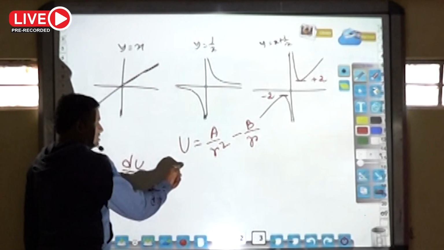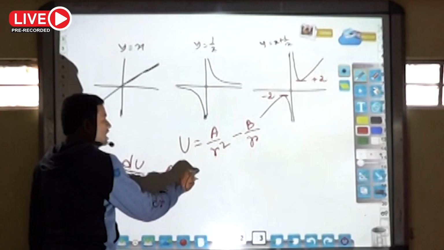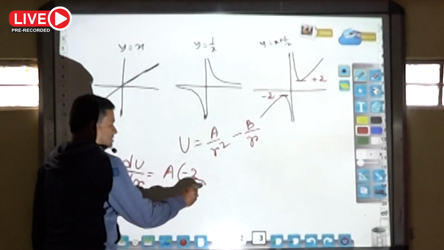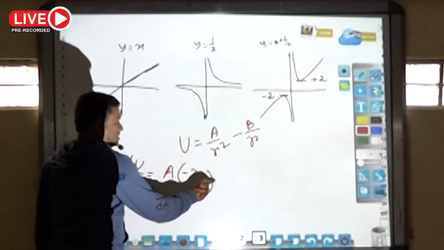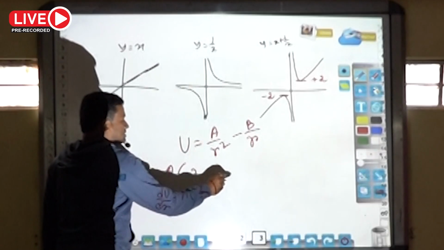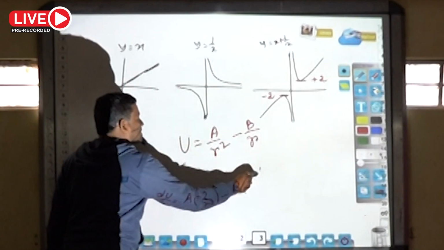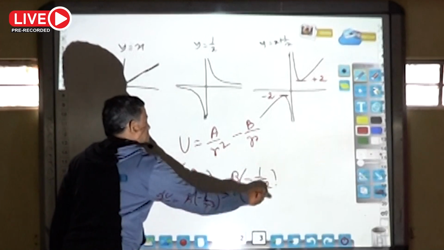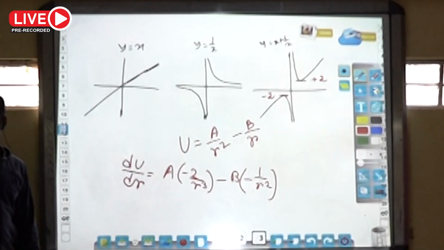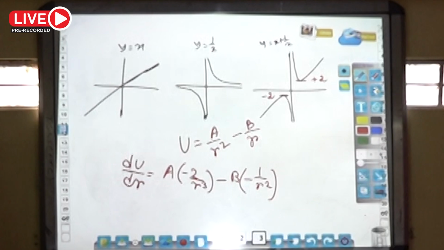So it will be a times minus 2 r to the power minus 3, that is r cube, and this one will be minus b, and this term will be minus 1 by r square, its derivative. Because the second term is b by r, meaning r to the power minus 1, its derivative will be minus 1 r to the power minus 2. So it can be written as minus 1 by r square.